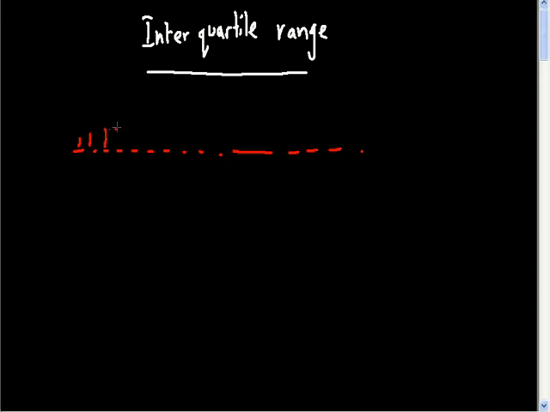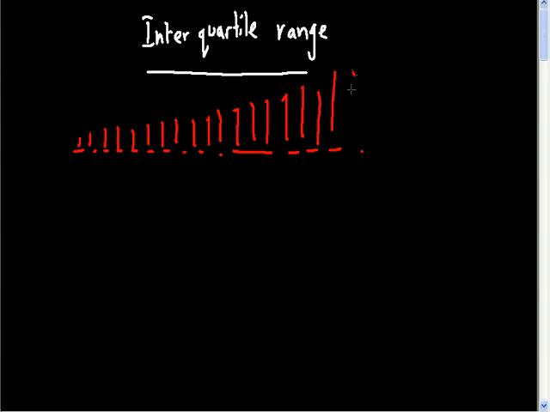Let's say you are measuring heights of students, and you arrange them in ascending order. There are 21 people here.